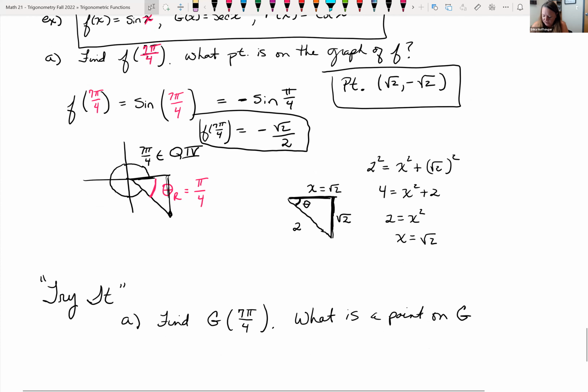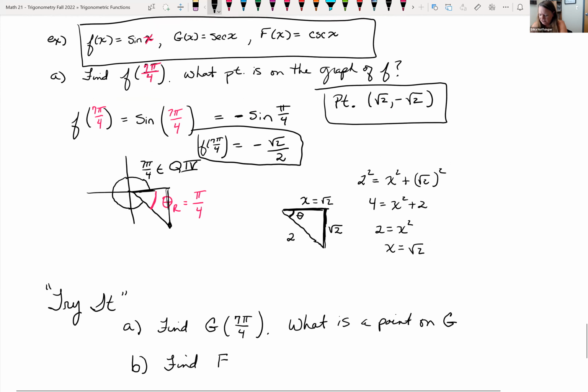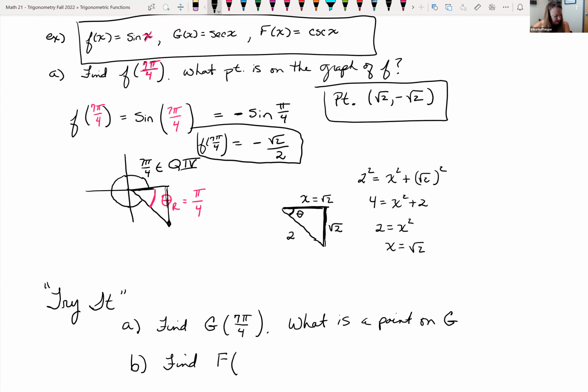And then part B, find capital F of negative 225 degrees. And then what is a point on capital F?